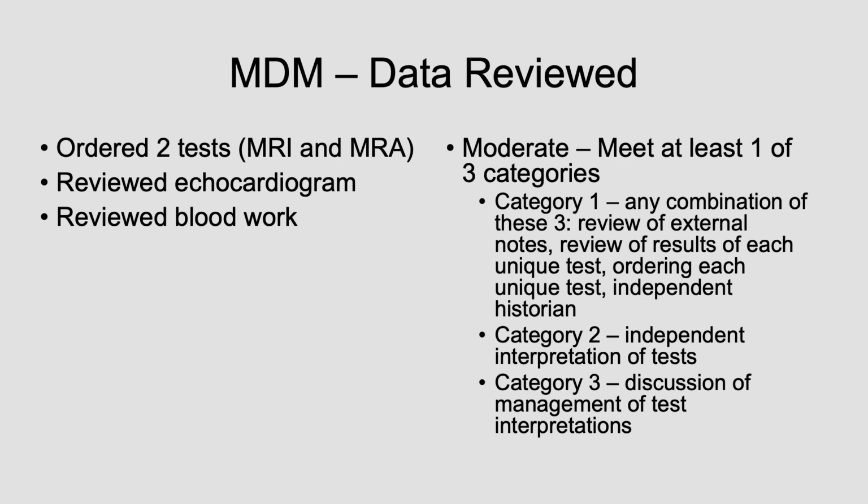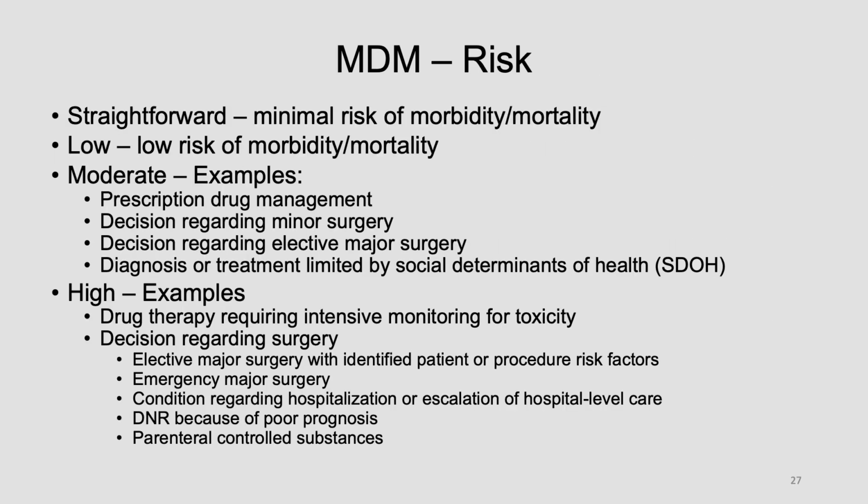They talked to two, they reviewed notes. They reviewed the echocardiogram and the blood test. So all of this goes with category 1. One of the three categories. You didn't have this one, you didn't have this one, so this is moderate. In order to be high level, you'd have to have 2, but we're not.